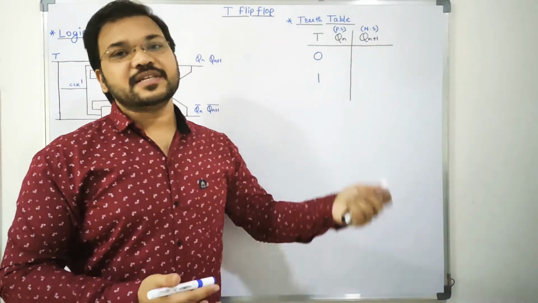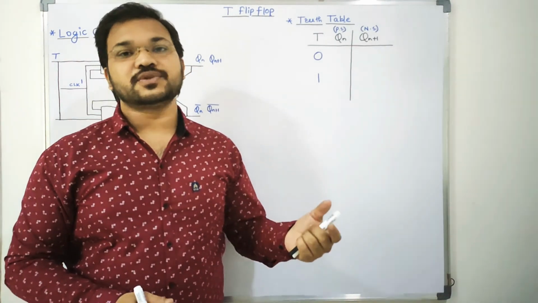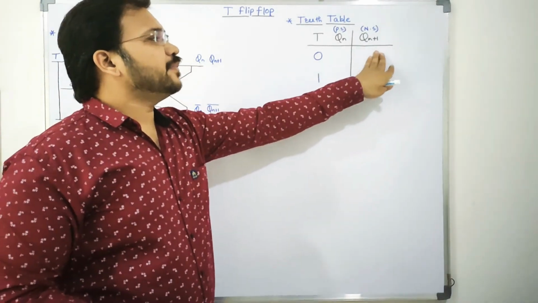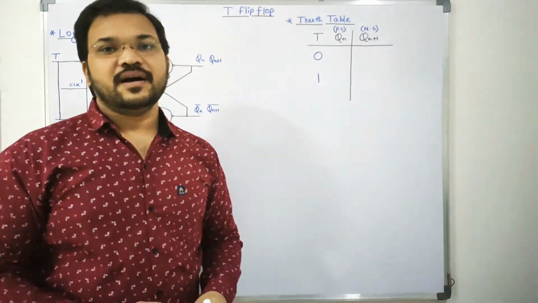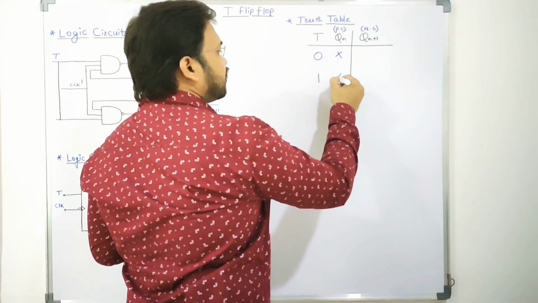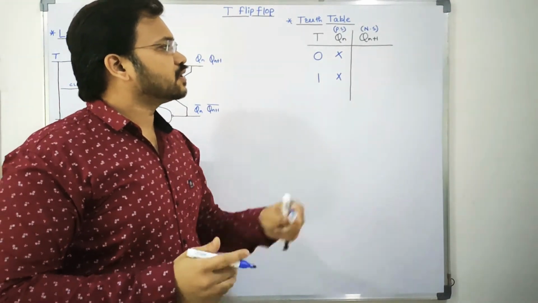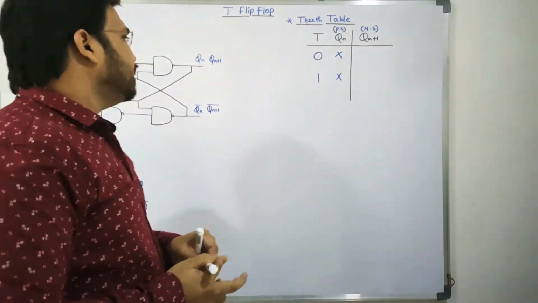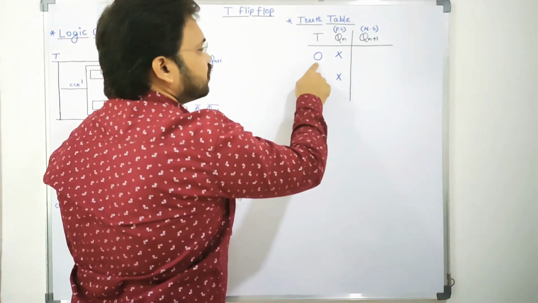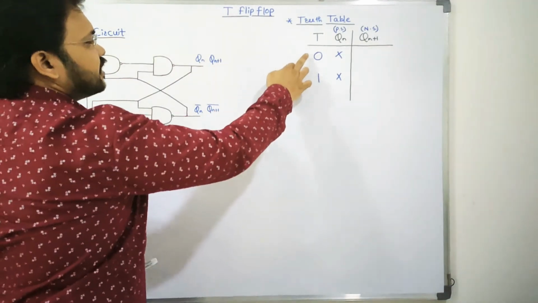Qn plus 1 is the next state, which is our required output. So this is our don't care condition. We don't know the value of this Qn, so we say that this is don't care. Here we just have to find out Qn plus 1, the next state, for T equal to 0 and 1.